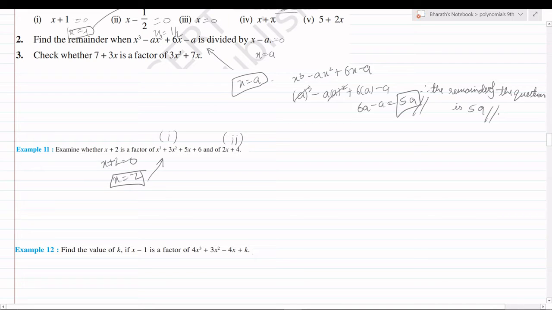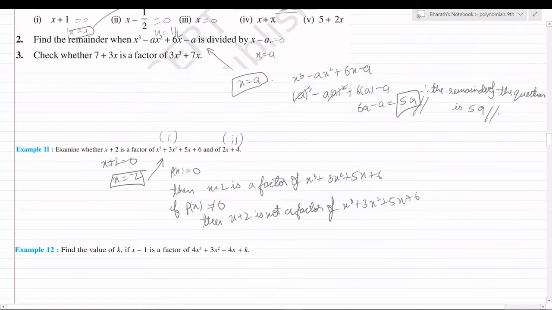If you're getting p of x is equal to 0, then x plus 2 is a factor of x cubed plus 3x squared plus 5x plus 6. Same thing, do for this second part. This is the first part.